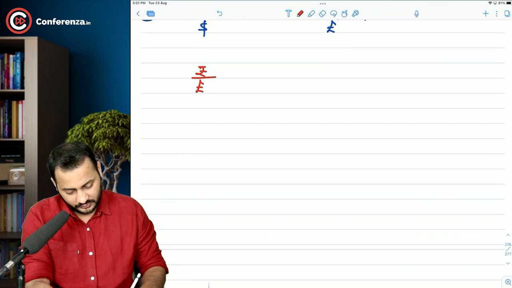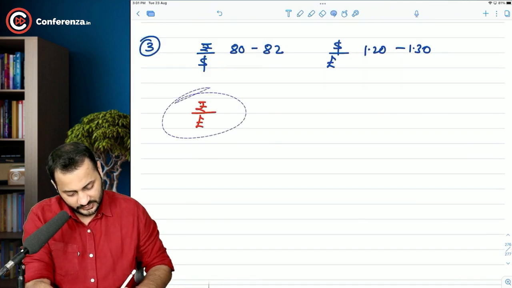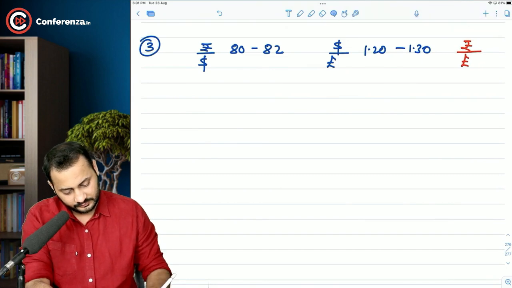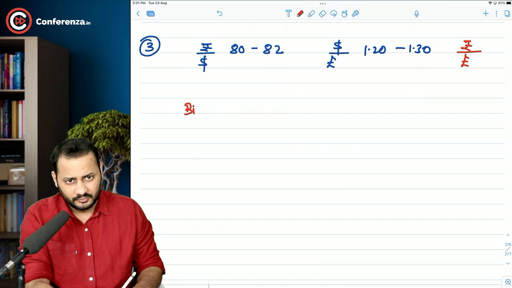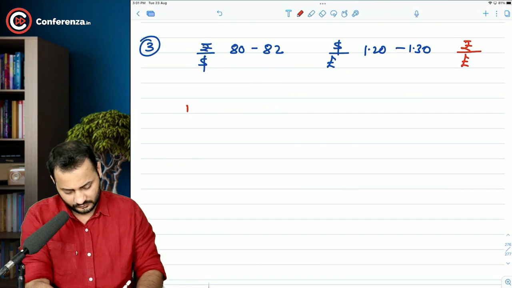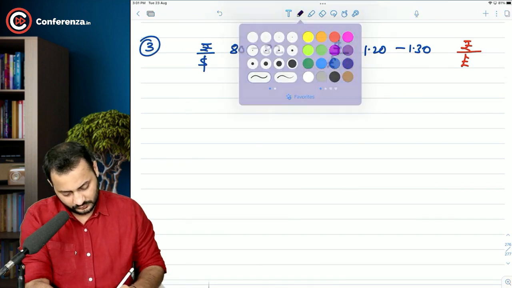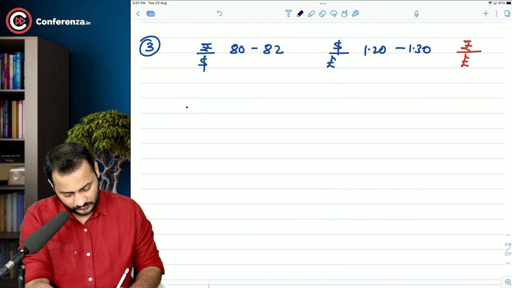So first of all, the requirement is this. Let's write down the bid of rupees per pound.